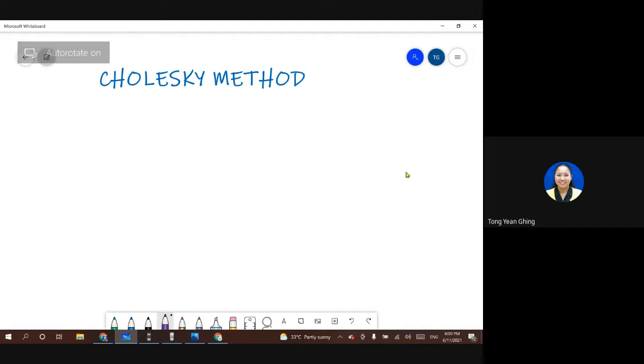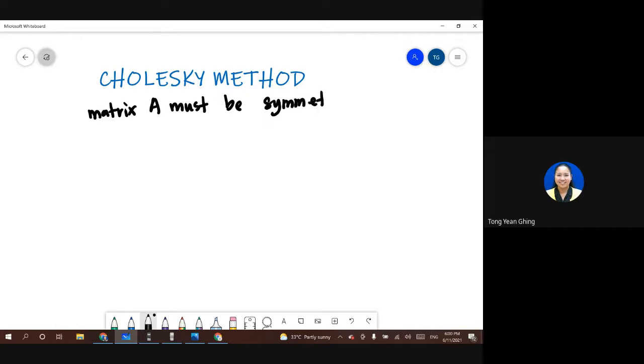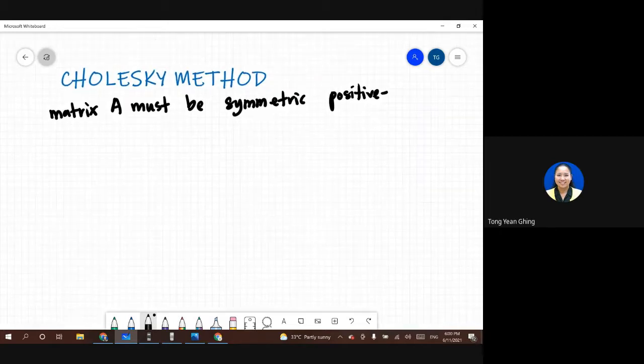Cholesky method. When you want to solve the system of linear equations using the Cholesky method, the first thing we need to make sure is that matrix A must be symmetric, positive, definite.